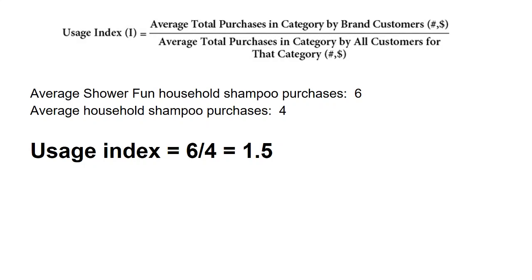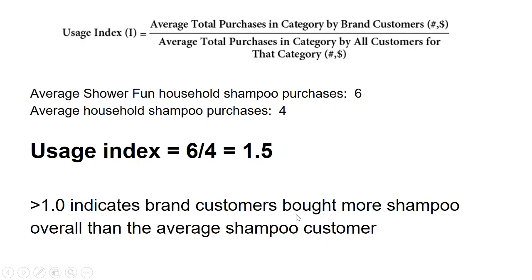So Shower Fun customers make 6 shampoo purchases over, say, a year, and overall the average household buys 4 bottles of shampoo. So we get a usage index of 1.5. Again, another index. An index greater than 1 means that our customers buy shampoo more often or buy more shampoo than the average shampoo customer.